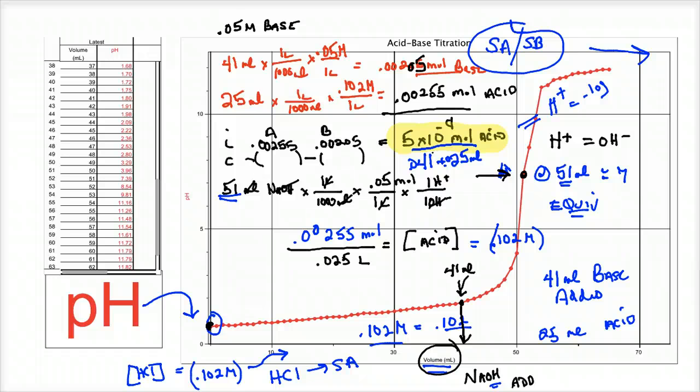Might have to use a total volume. And this gives me 0.00757 molar for 41 milliliters of base added to the total volume, that's 66.